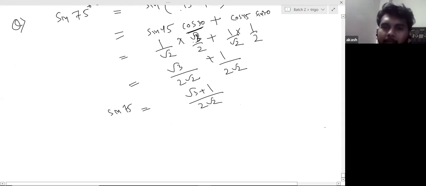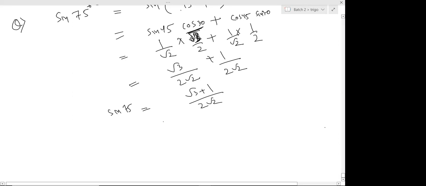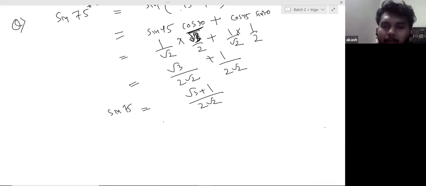My handwriting is bad, that is the issue. Otherwise, this is root 3. All right, cos 30 is root 3 by 2. Clear, Rahman? Yes, sir. Sometimes it happens when I write a few things fast. Shaifullah, this is clear?